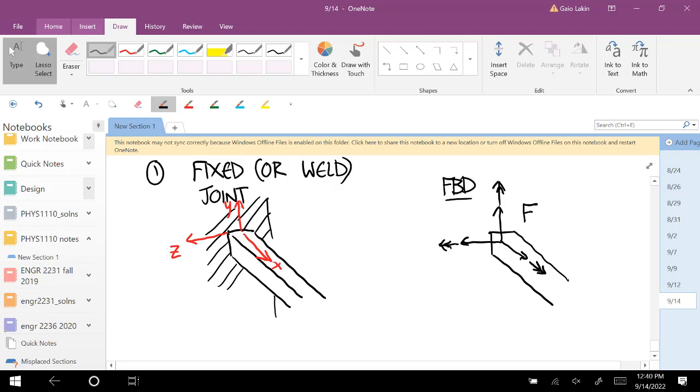And I'll just call these, so if this is body 1, the force on 1 by, I'm going to say the wall is body 2, and the couple on body 1 by body 2.